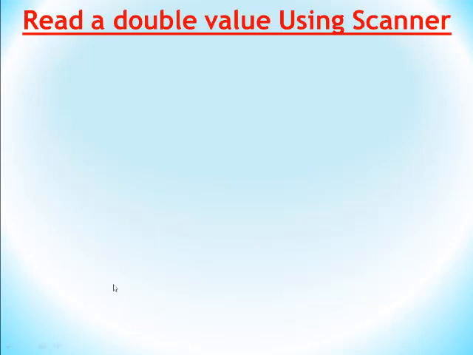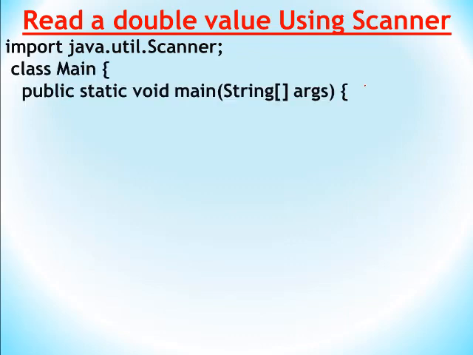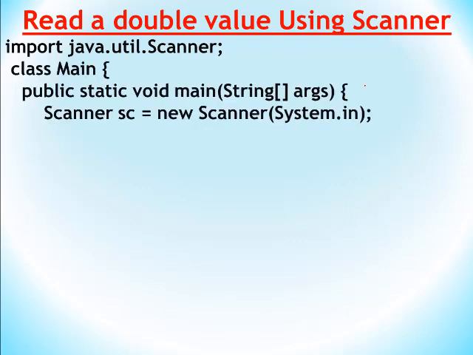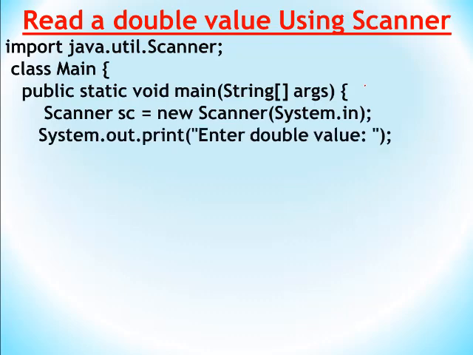Next is to read a double value using Scanner. Again import the Scanner class using the import statement, then define the main function. First declare the object of the class, then give any message. If you want to input a double value, enter a double value message can be given.